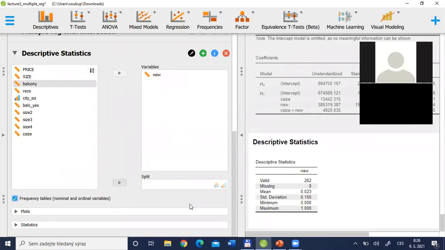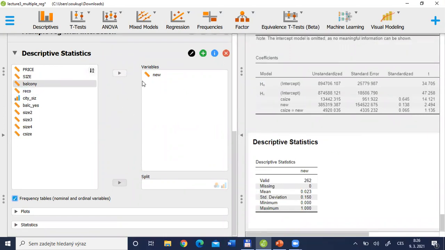Okay, thanks a lot. I would currently try to make a picture for the variable new. If I can see, the mean for this variable is 0.02, so only 2% of new flats in my data file. I'm still waiting for the frequency table. Oh, it's not present.